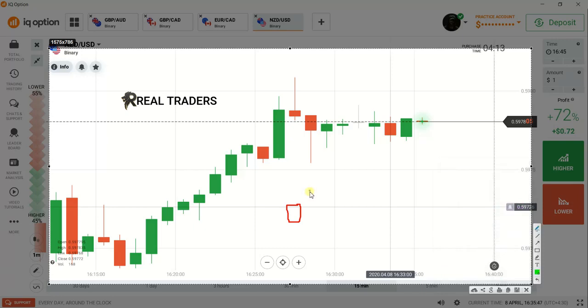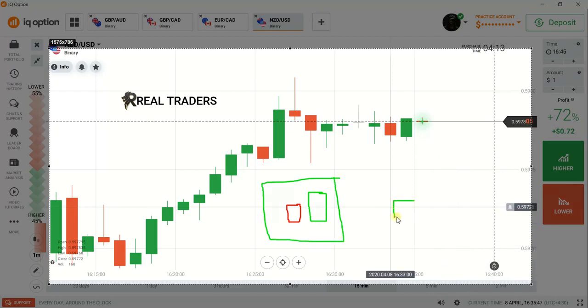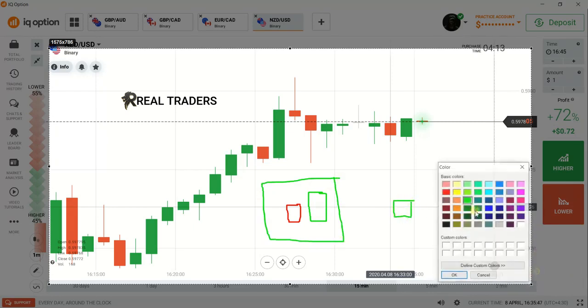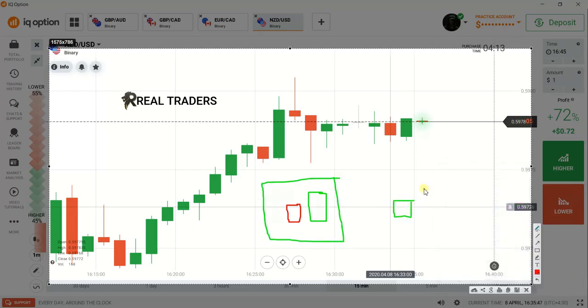This pattern is like this. This is called bullish engulfing, and also we have the bearish engulfing pattern. So it is like this. Okay, so this is the bullish engulfing and this is the bearish engulfing.